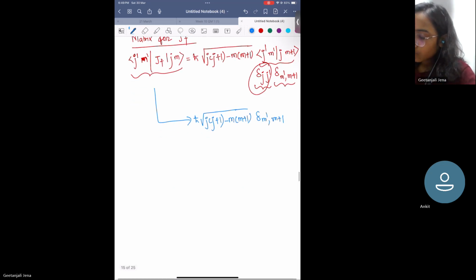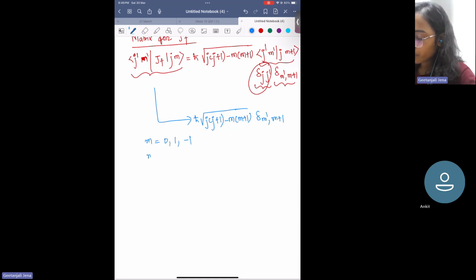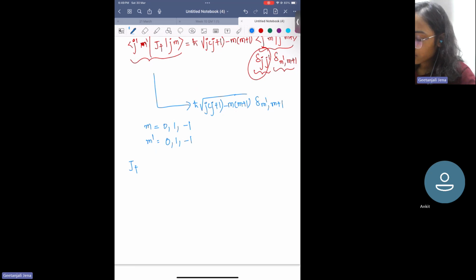Now let us see what the values of M are. M is 0, 1, minus 1, and M prime is also 0, 1, minus 1.